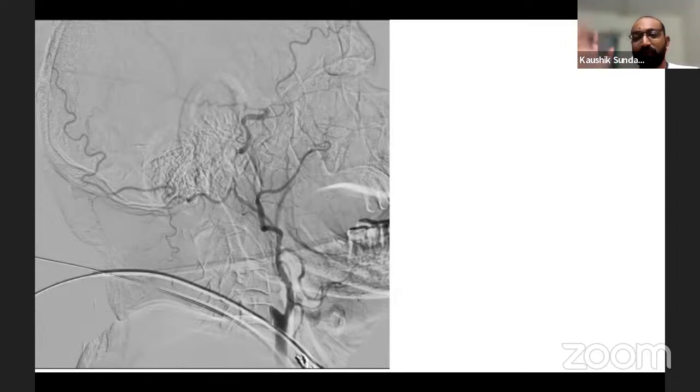Why? Because you know that the collaterals have been there for a long time. This carotid has been there for donkey years. As long as I open the M1, I should be fine. Which means you should accelerate this process of just opening up the carotid. Forget about whether it is going to close again, whether it is going to do something again. I'm not worried because my ECA-ICA collaterals are good. My leptomeningeal collaterals are good.